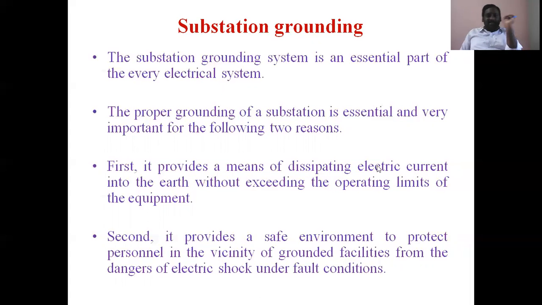Second, it provides a safe environment to protect persons in the vicinity of grounded facilities from the dangers of electrical shock under fault conditions. A substation requires proper earthing because it has many pieces of equipment carrying currents.